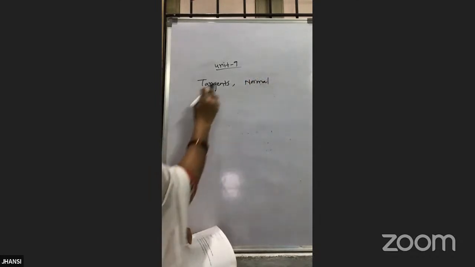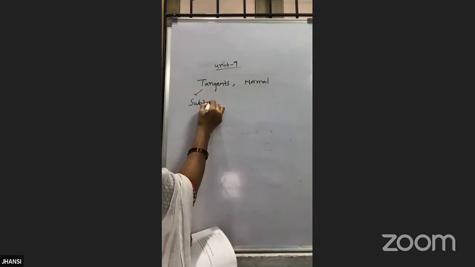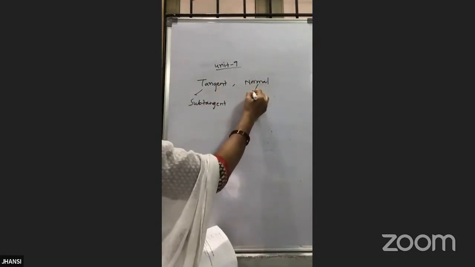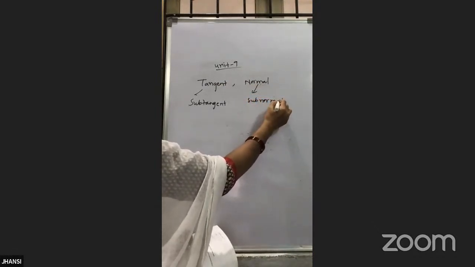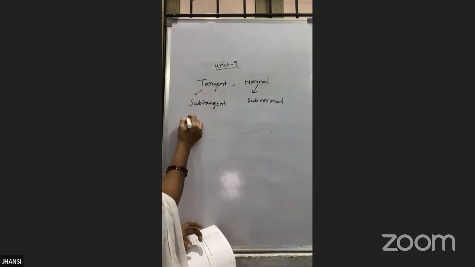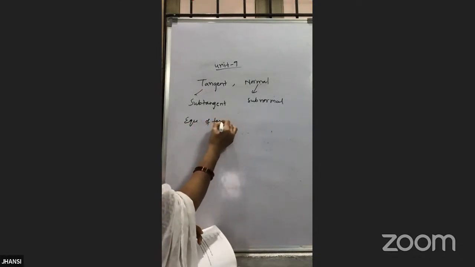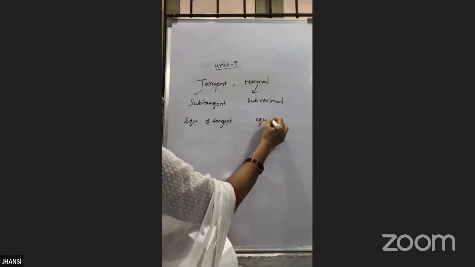In tangents, we have both tangent and subtangent. And in normal, we have normal and subnormal. The question will be the equation of tangent for 5 marks, and also the equation of normal.